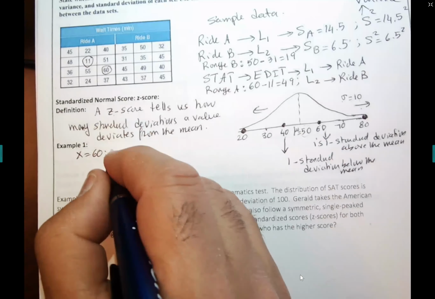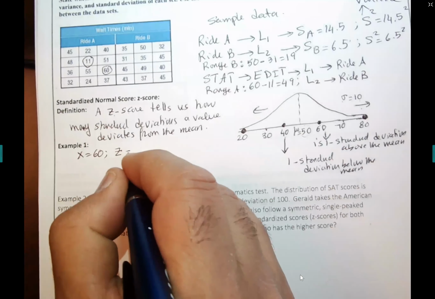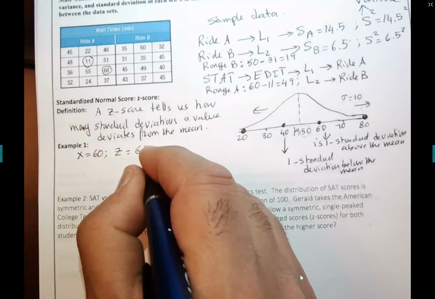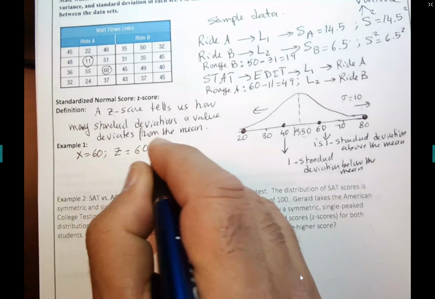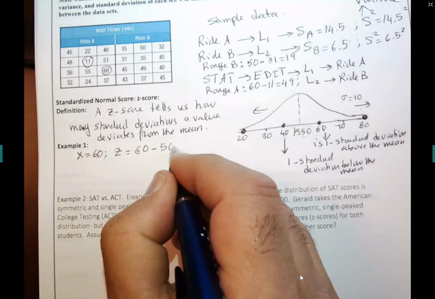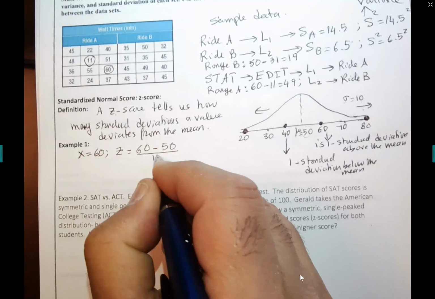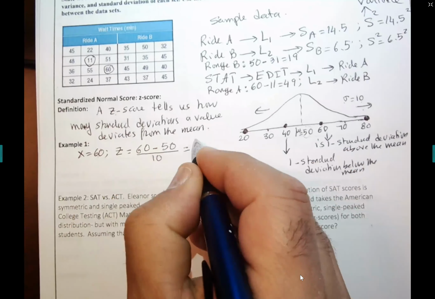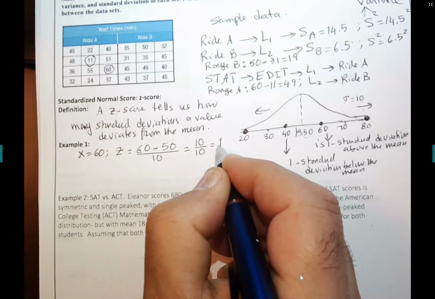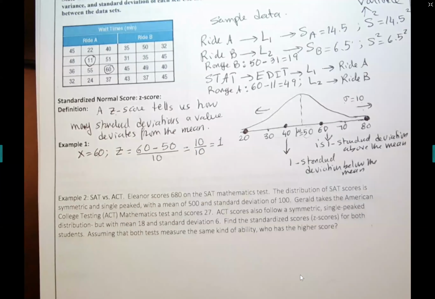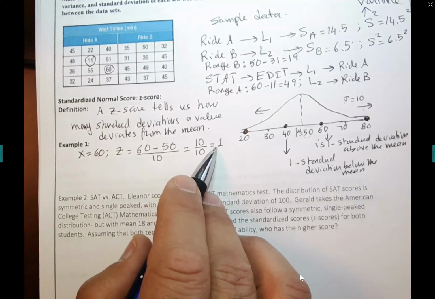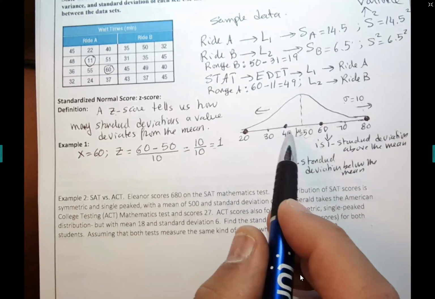The Z-score is labeled by Z. You take the X value, which is 60. You subtract the mean. What is the mean, guys? It's 50, and divide by the standard deviation, which is 10. 60 minus 50 is 10, divided by 10 gives you 1. That is the Z-score. The Z-score is 1 here. Let's take a value 40, guys.